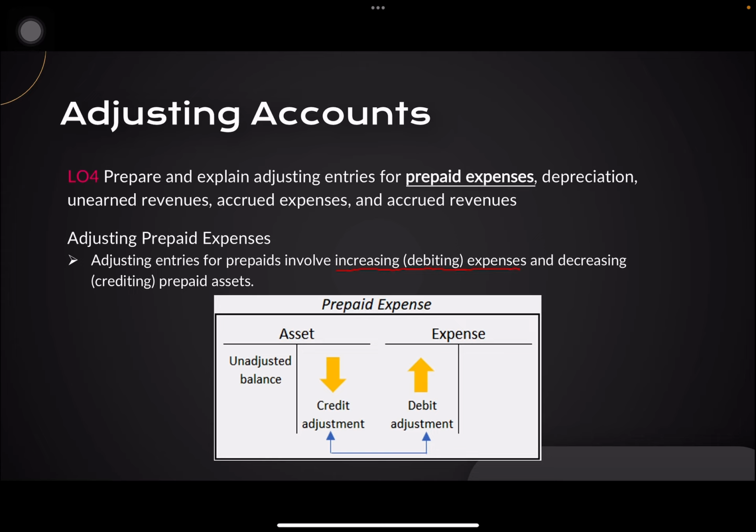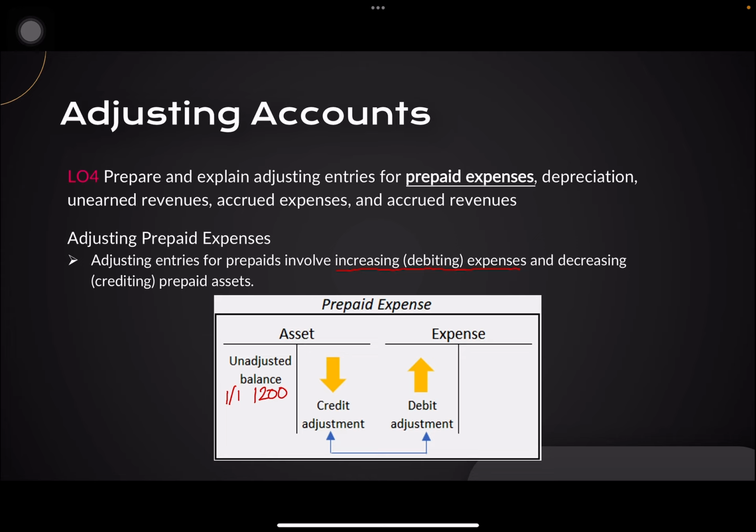Say, for example, you initially started, let's just date this as January 1, with a balance of your prepaid expenses of $1,200. And by the end of the month, through inventory count or through the passing of time, you determine that $100 has already expired, or $100 has already been consumed.